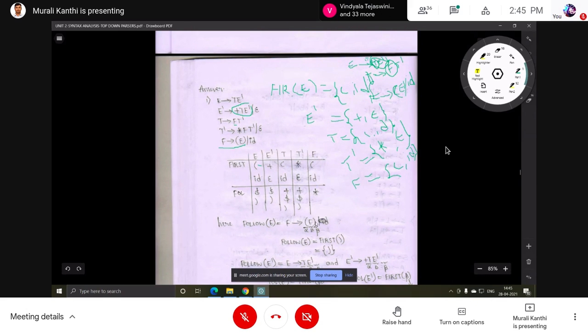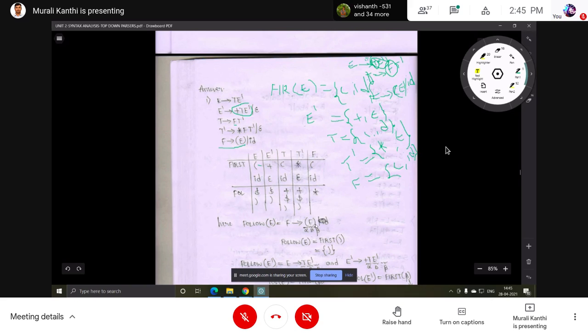Now compare with the general rule, A implies alpha B beta. Here alpha is the open parenthesis, B is E, and beta is the closing parenthesis.